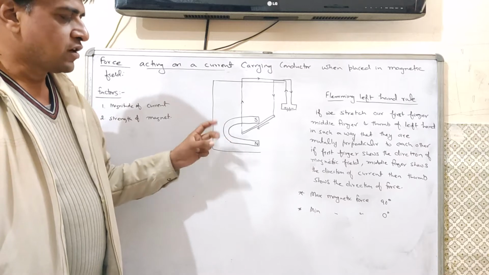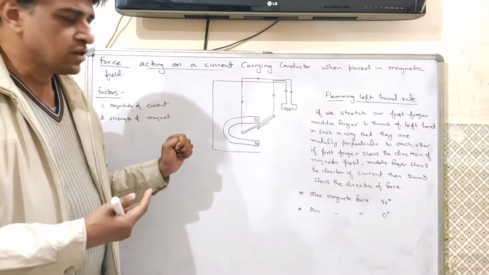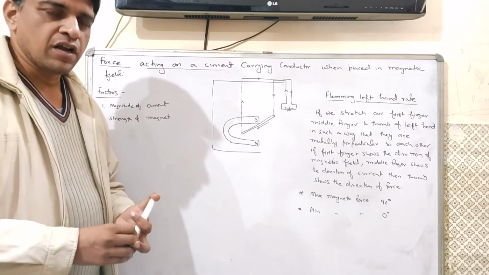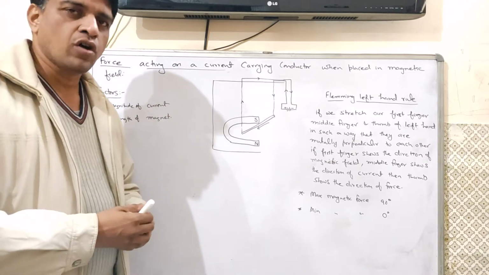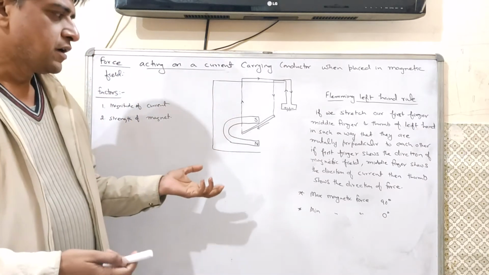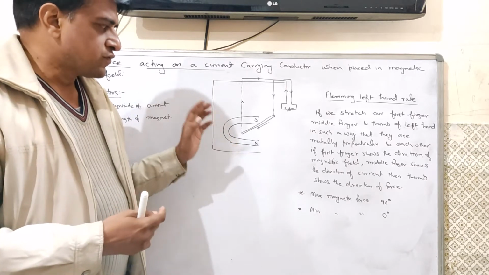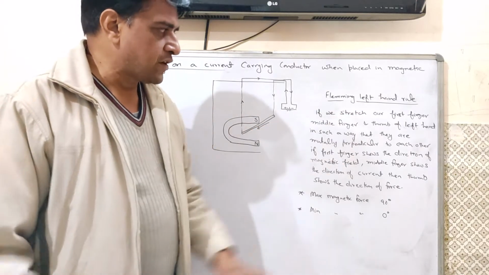Because two magnetic fields are acting with each other, they will have either a force of attraction or a force of repulsion. This force can be determined by Fleming's left hand rule.